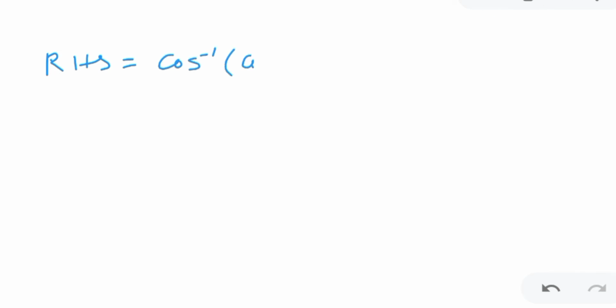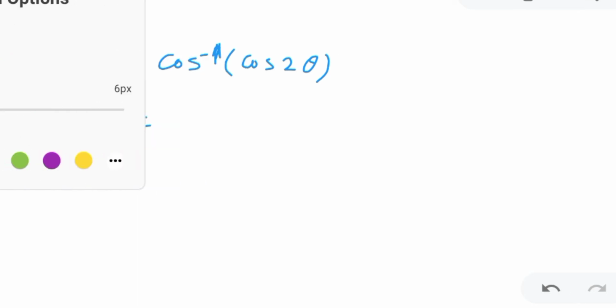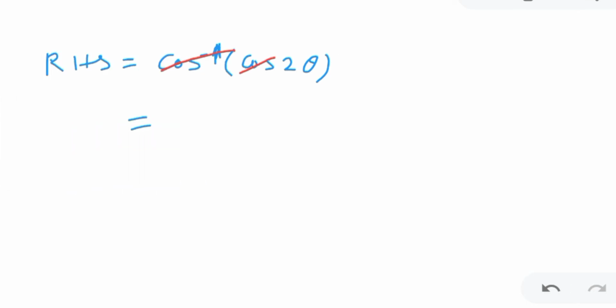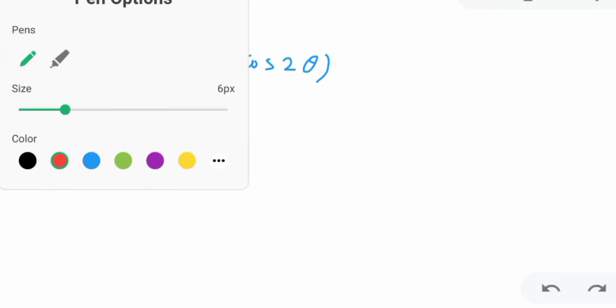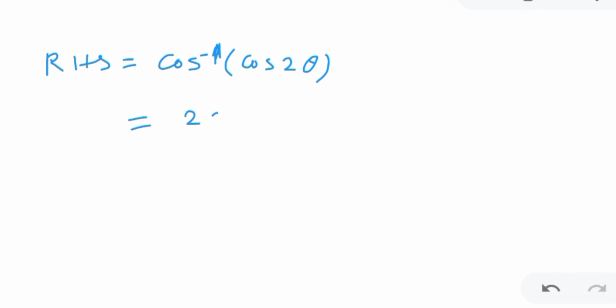And I discussed in previous videos, for understanding purposes, that the cos will go and 2 theta will remain. So cos inverse cos 2 theta will be 2 theta.